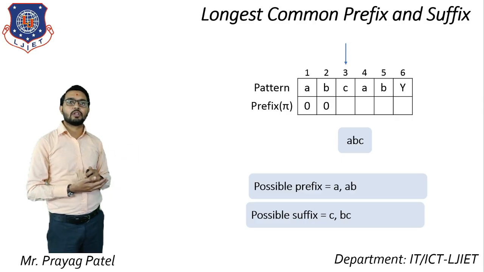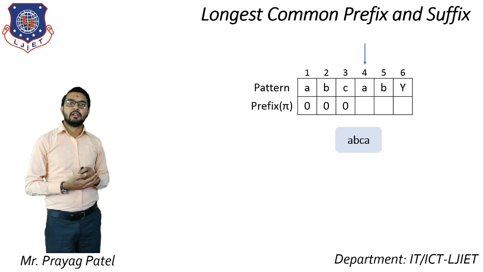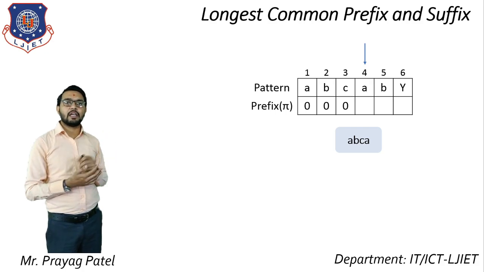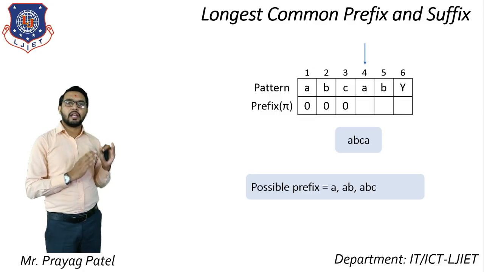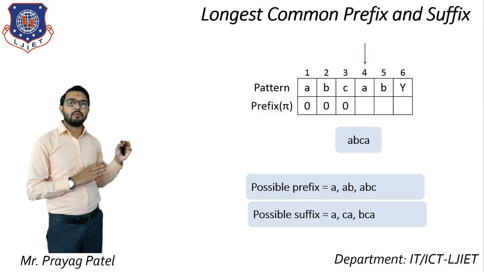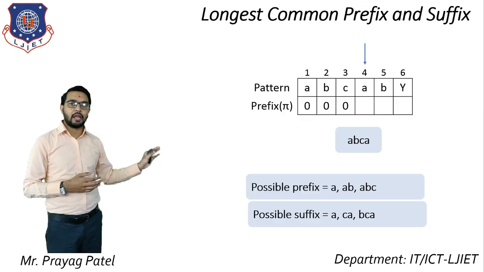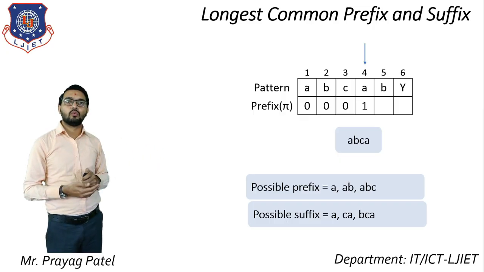No match here, so the value is 0. Now for the fourth, consider ABCA, the first four characters. Prefixes are A, AB, ABC. Suffixes are A, CA, BCA. Here only A is matching, so the length equals 1.